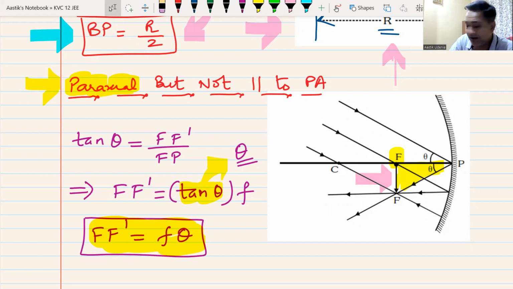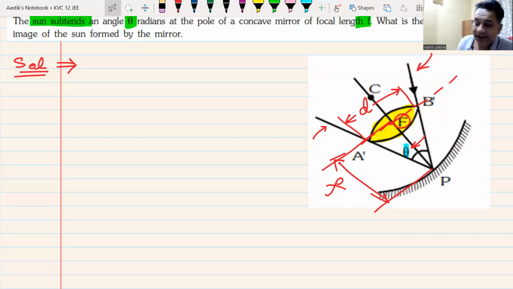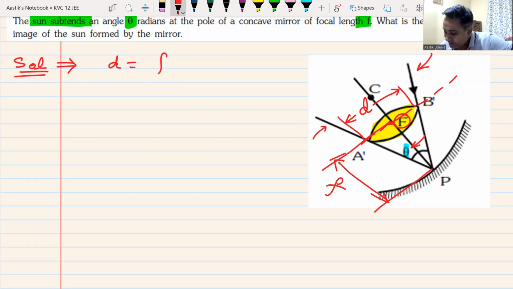If you look closely, remember the total angle is theta here. So 2 does not come, my dear friend. The value of this diameter D is simply F multiplied by theta. Do we get this?